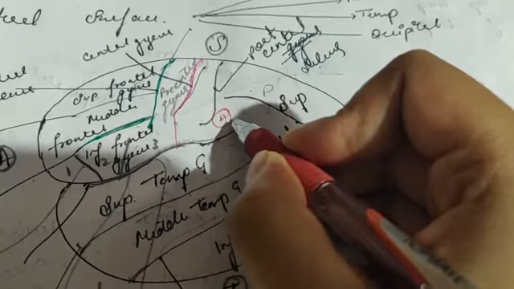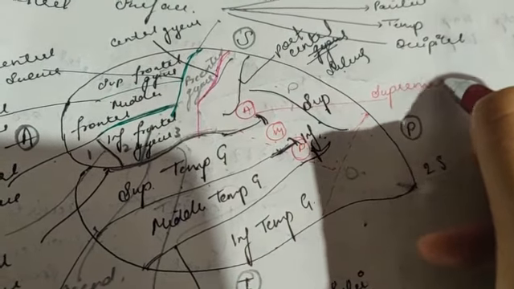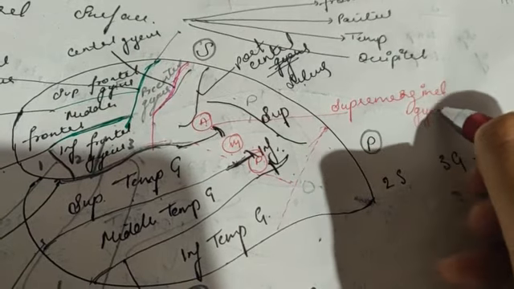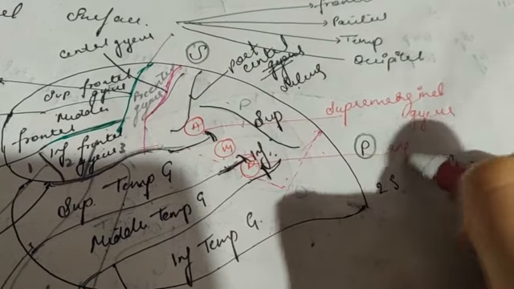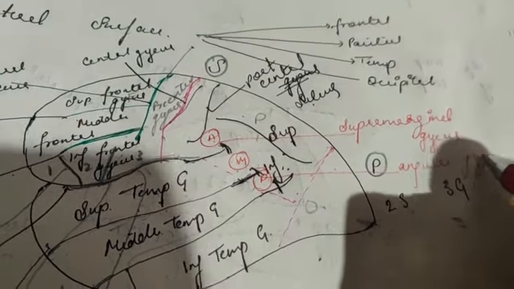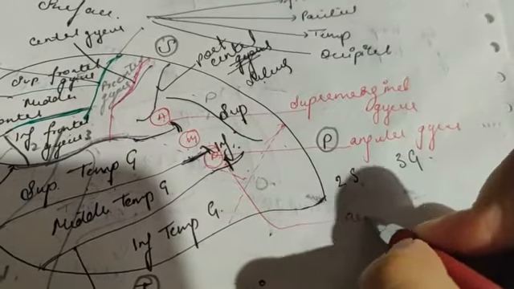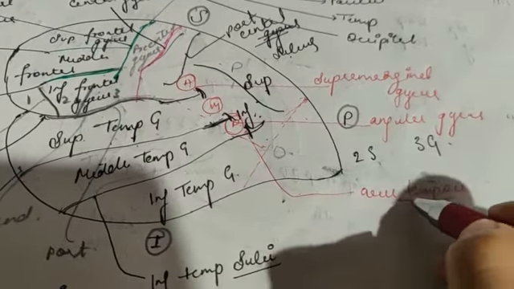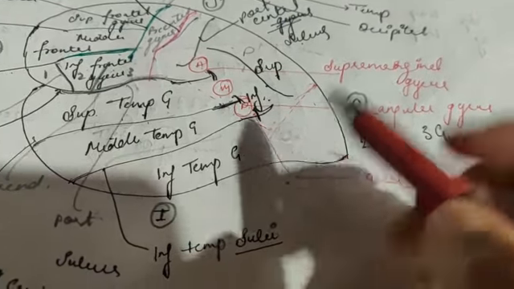Most anteriorly we have the supramarginal gyrus. Then we have the angular gyrus. And then the most posterior is the arcus temporo-occipitalis. It's called temporo-occipitalis because it's in the posterior part, near the occipital lobe.